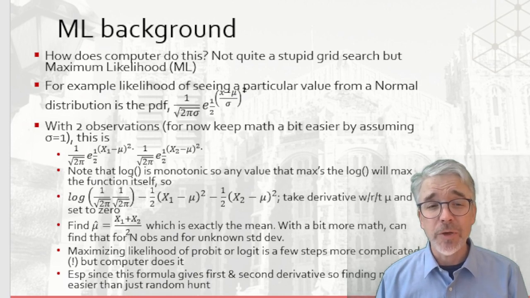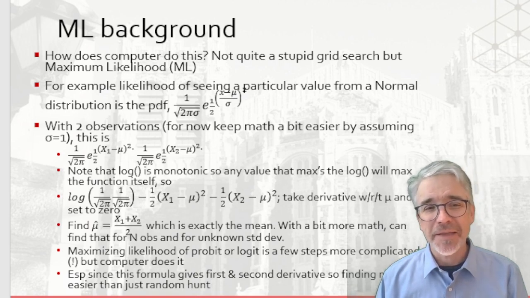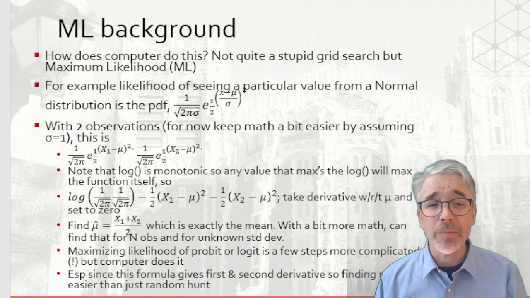Derivative with respect to mu is set equal to 0. With some algebra, we find the best estimate of mu is (x1 plus x2) over 2, which, hey, that's exactly the average. Actually, if you go back in history, the normal distribution is sometimes called the Gaussian distribution because a mathematician named Gauss figured out this very property.